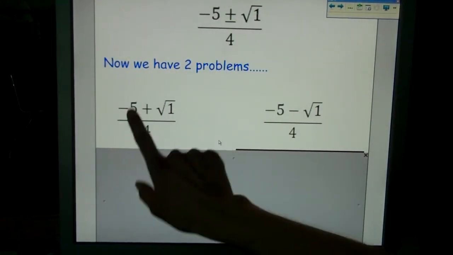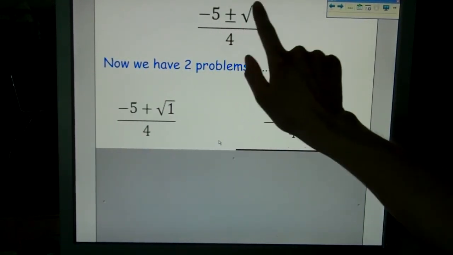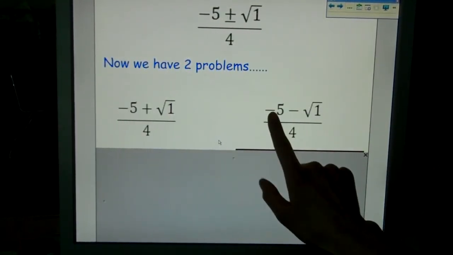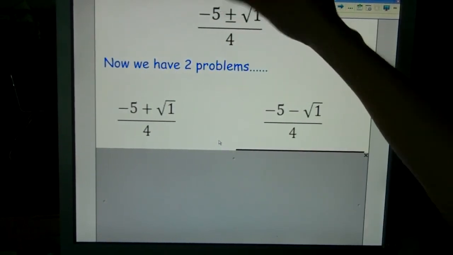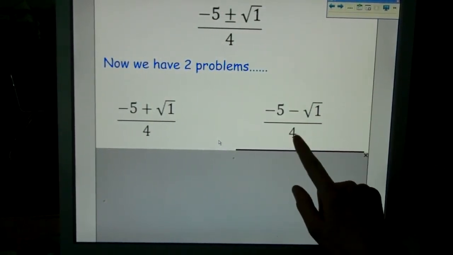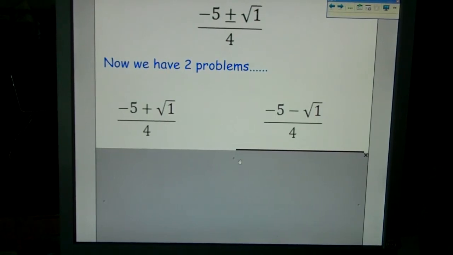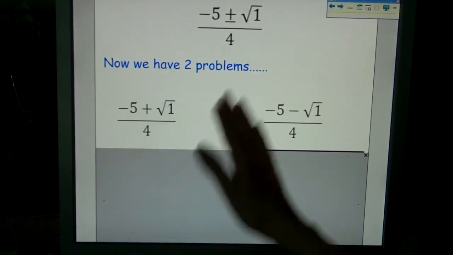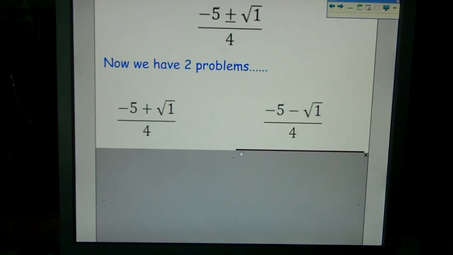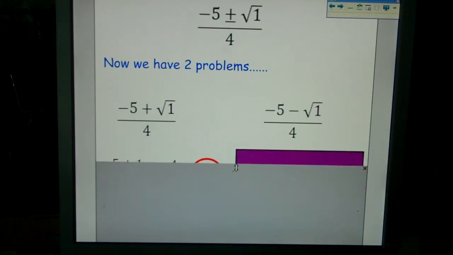Look at this. Negative 5, we're taking just the plus sign of the square root of 1 over 4. Negative 5, just the minus sign of the square root of 1 over 4. We're going to solve each of them independently. How many answers am I going to end up with now? I'm going to end up with 2. Okay, so I'm going to end up with 2 roots, 2 zeros, whatever you want to say.